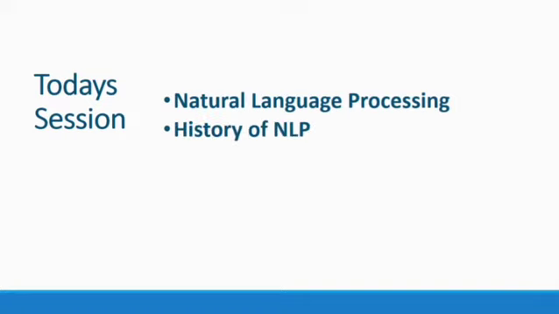Then we will also see the history of NLP. We will try to figure out where we find the first instances of NLP in history. Then we will also go through the components of NLP. So these are the topics that we are going to cover today.